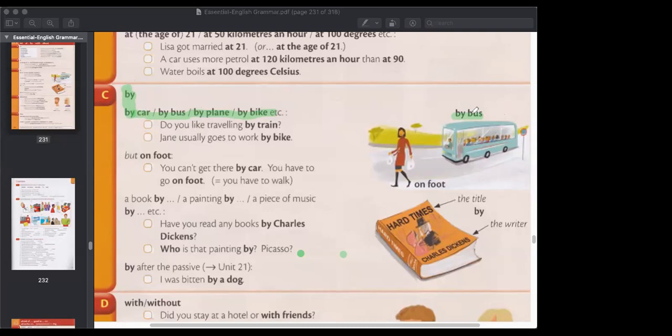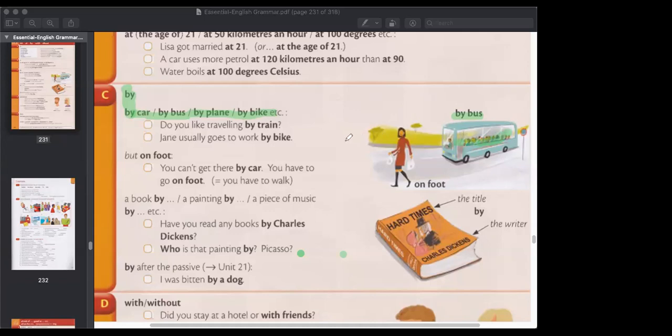Whenever you are going with the resources, at that time you use by. For example, what is the resource to go? Bus. So we can say by bus, by bike.